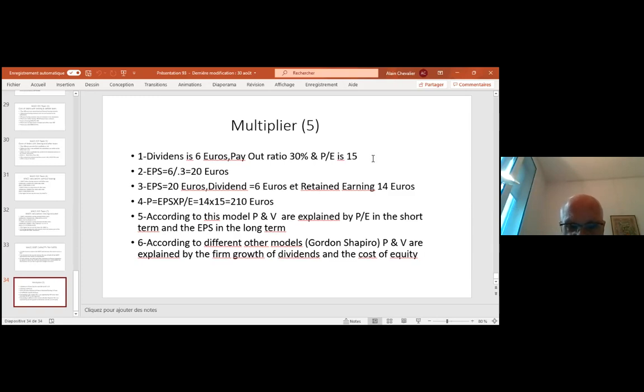But in the long run, it is mainly explained by the earning per share. But if you move to point 6, you understand that according to other models, the Gordon-Shapiro model, for example, which we have seen, the price and the value of companies are also explained by other factors, like the growth of dividends and the cost of equity.